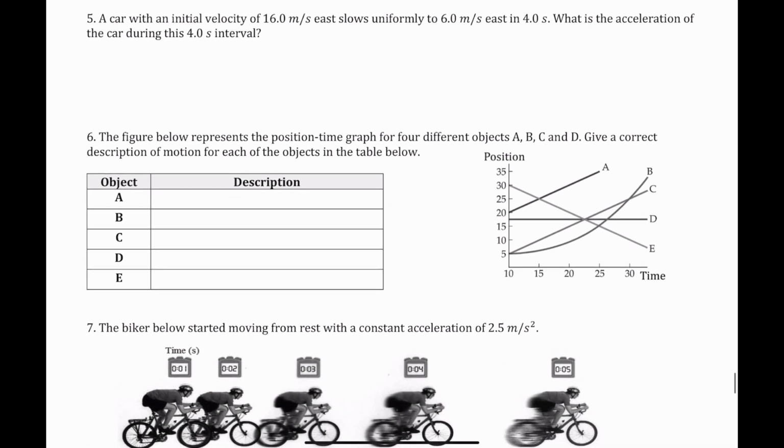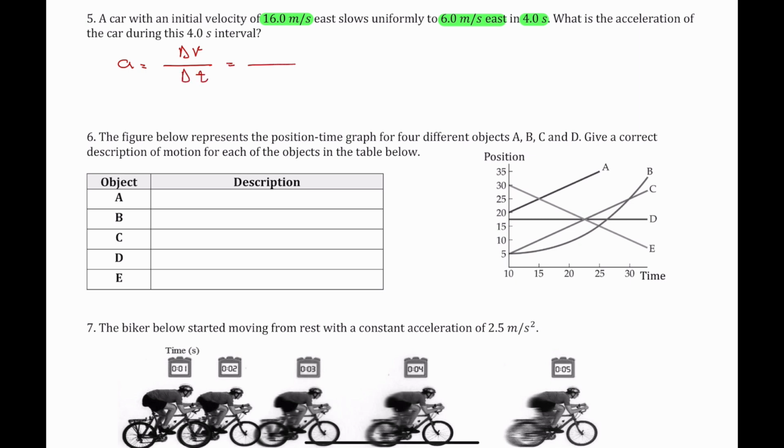5. A car with an initial velocity of 16 meters per second east slows uniformly to 6 meters per second east in 4 seconds. What is the acceleration of the car during this 4-second interval? So again, acceleration equals the change in velocity over the change in time.